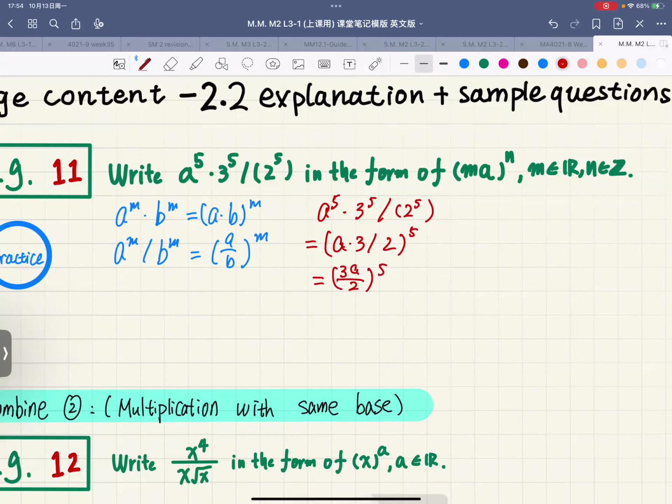In the m times a form, that is 3 over 2 times a to the power of 5. Basically, m is equal to 3 over 2, n is equal to 5. All right, any questions? No?